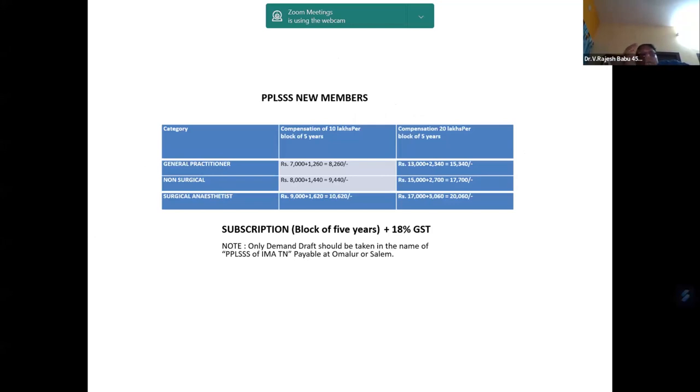Regarding the PPLS new membership fee, what exists now in Tamil Nadu is 10 lakhs compensation for a block of 5 years and 20 lakhs compensation for 5 years. That is, you need to pay only once in 5 years. It is divided into 3 categories: general practitioner, non-surgical, and surgical anesthetist.